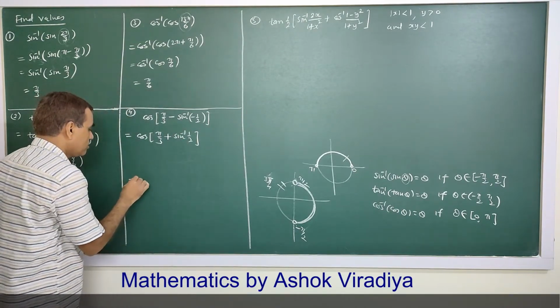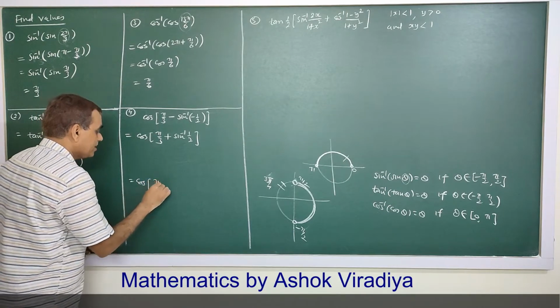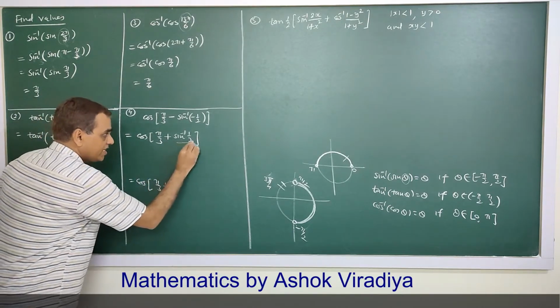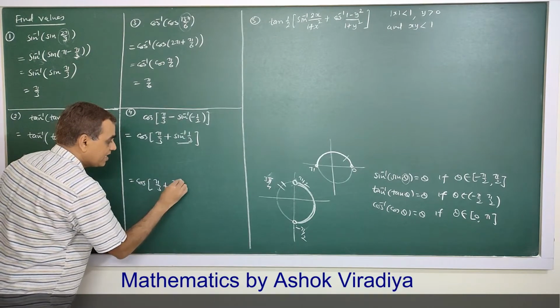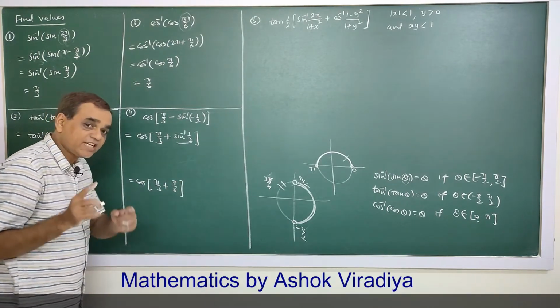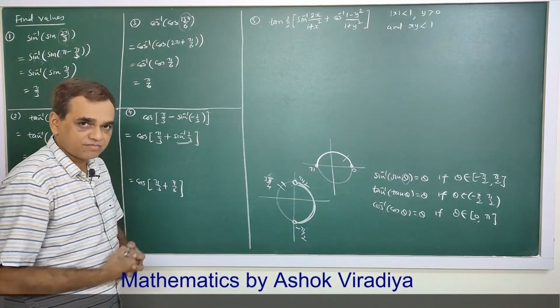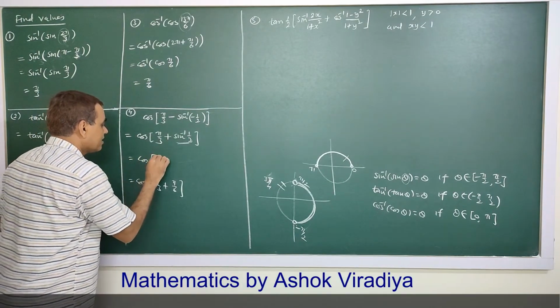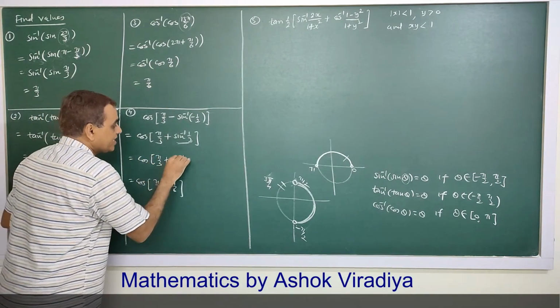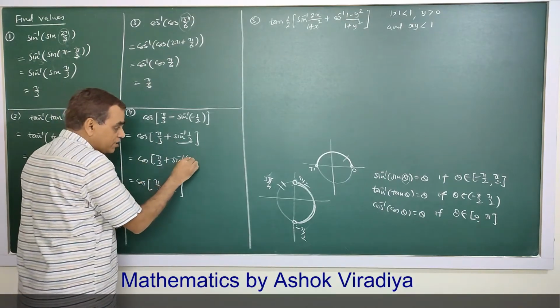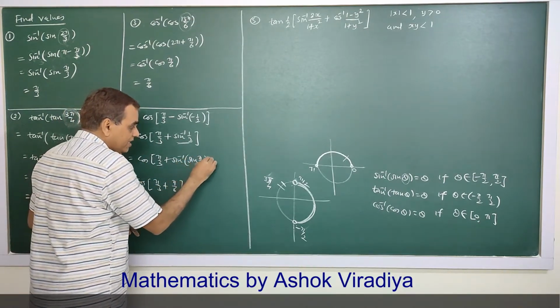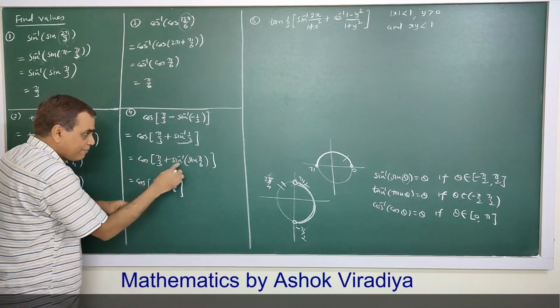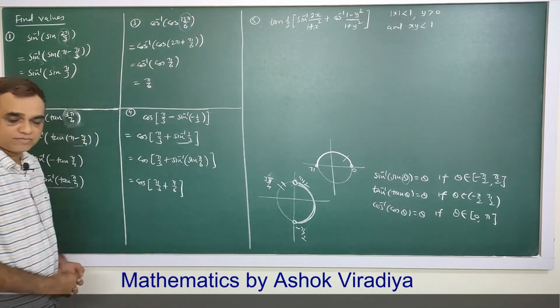Now cos of pi by 3 plus sine inverse half is pi by 6, because sine pi by 6 is half. Or you can show in detail that sine inverse 1 by 2 is replaced by sine pi by 6, and then in the next step the value is pi by 6.